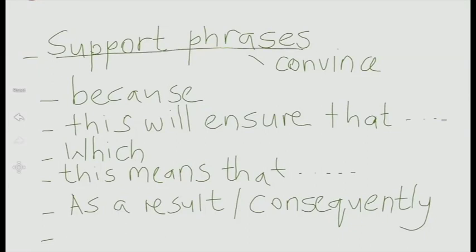So we call these support phrases, where you give information, or rather a reason for your opinion, why you believe in what you believe, and in that way you will be making sure that you are convincing in your argument. They are called support phrases because they support your point of view, and you'll have to use them at that time.